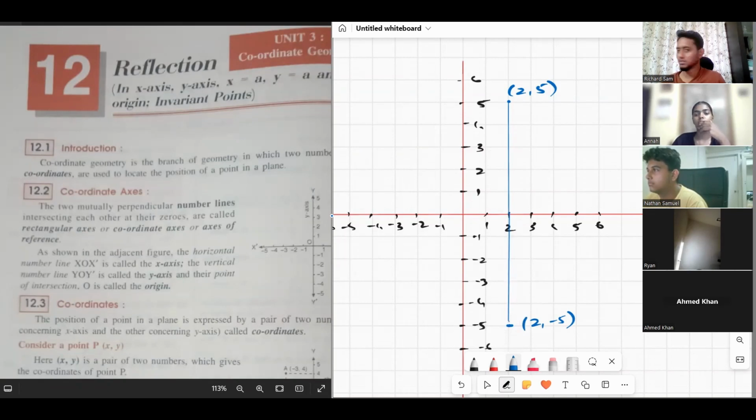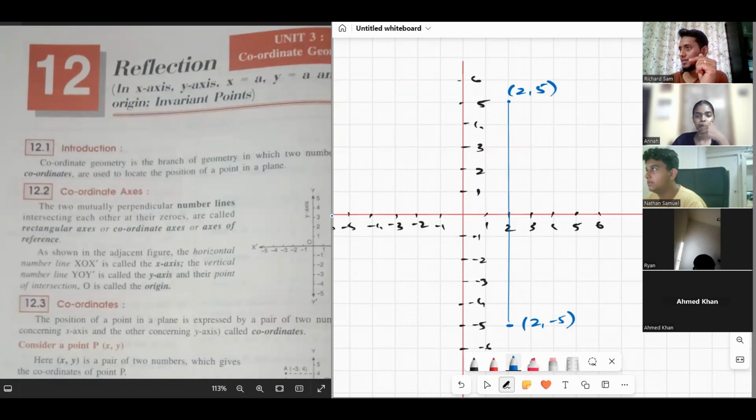So basically, what is happening to 2 and 5? It's becoming 2, -5. So which value is changing, the x or the y coordinate? The y coordinate is changing sign when we reflect the point on the x-axis.